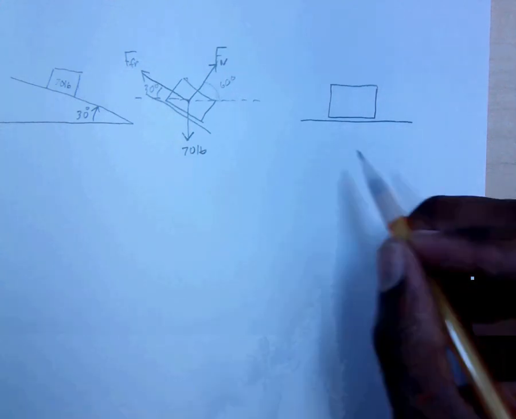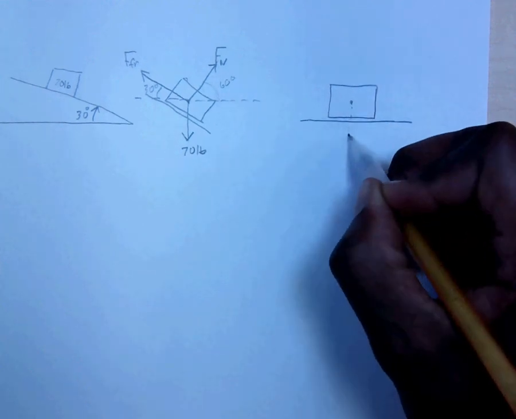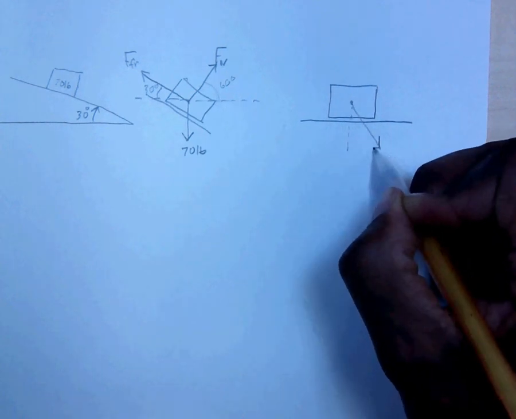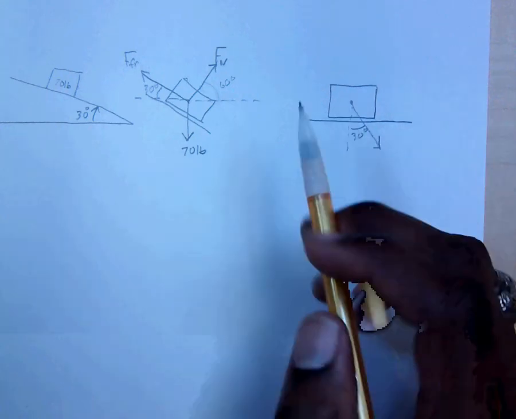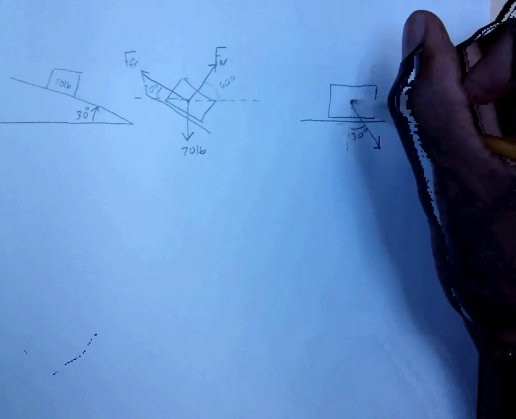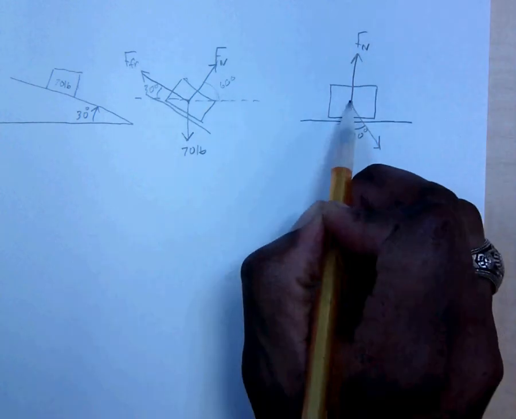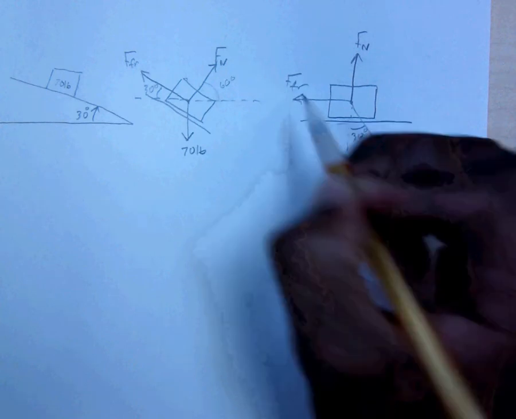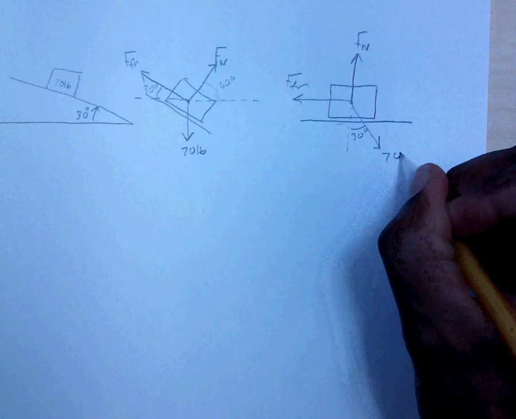This 70 pounds, which used to be going straight down, is now going to be off 30 degrees in the counterclockwise direction. My normal force is going straight up because it's always perpendicular to the surface. And my friction force is always parallel to the surface, so that's going straight across here. This would now be my free body diagram, where here would be 70 pounds.